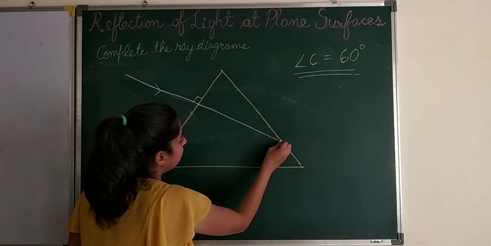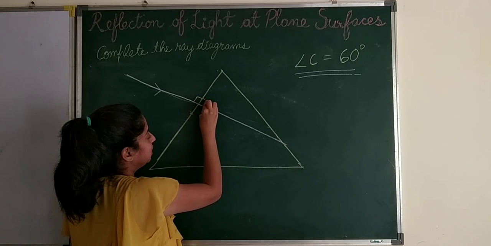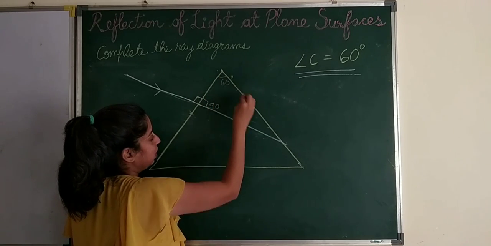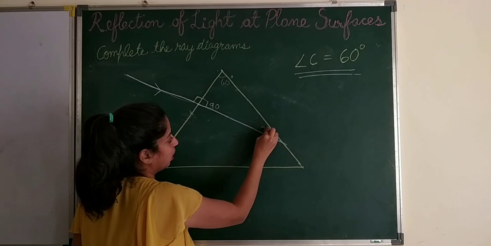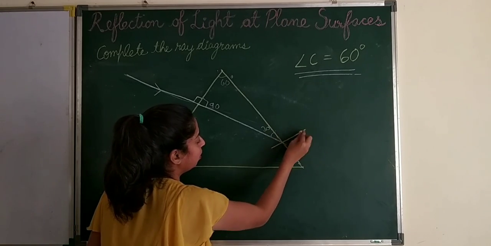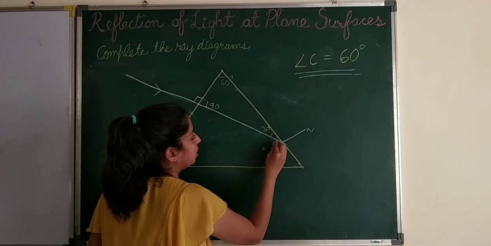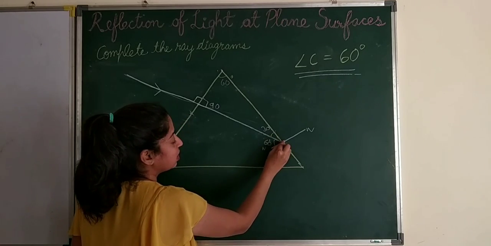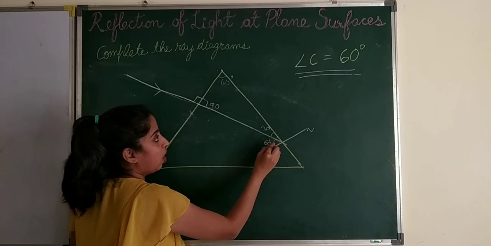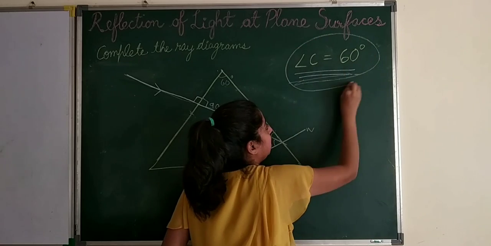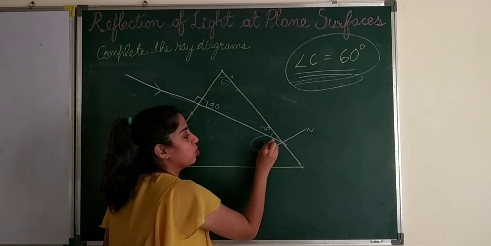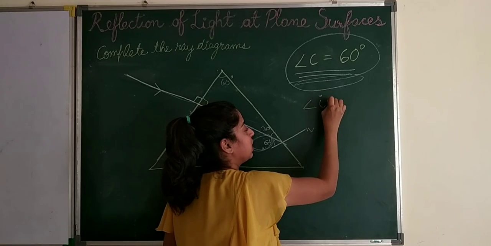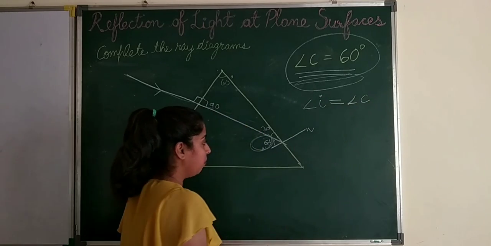Now here we will decide. This is 90, this was an equilateral prism 60, so this is 30. Here we draw a normal. So this will be 60, right? Now it is falling at 60. We know the critical angle is 60 and our incident angle is also 60. So I told you, when the angle of incidence is equal to the critical angle, what will happen?